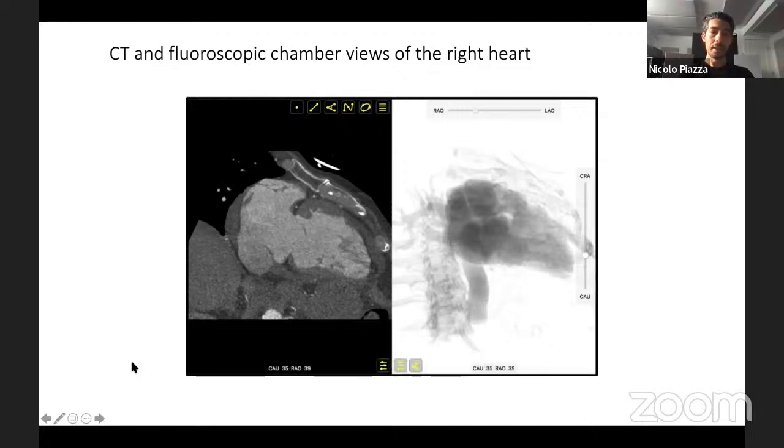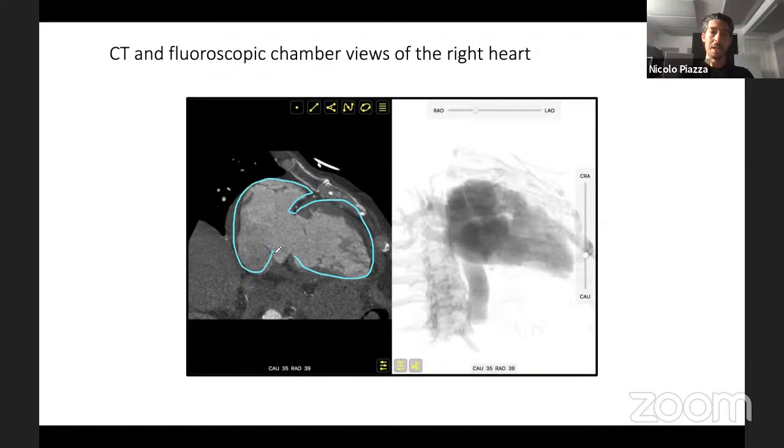Notice that the shape of the two-chamber view is the exact same thing as we see in the left heart. You have the ventricle, you have the appendage, right atrial appendage, and you have the right atrium.